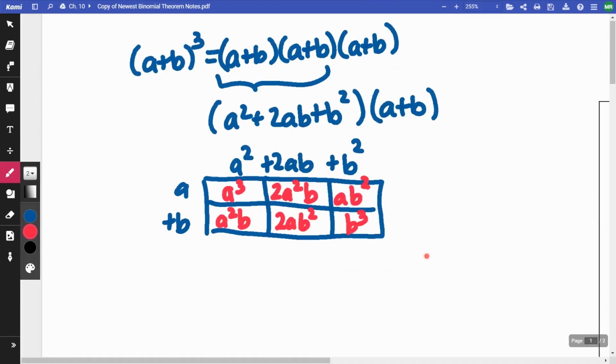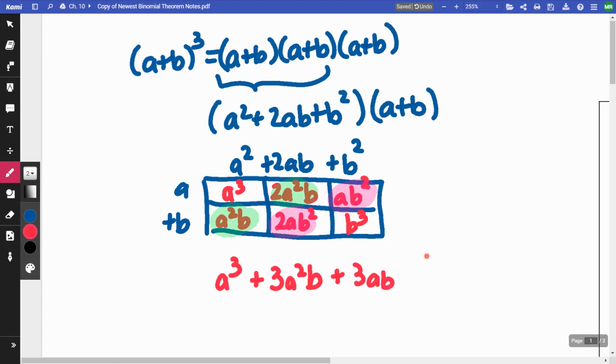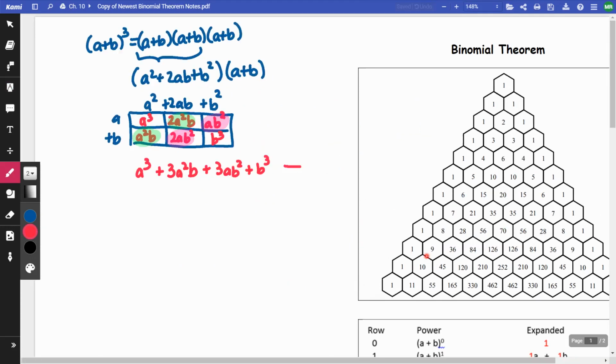Now, when I combine like terms, I have an a to the third. I have 3a squared b because of this and this. I have 3a b squared because of those, and then I have my b to the third. Now, this one corresponds with the row right here, 1, 3, 3, 1.